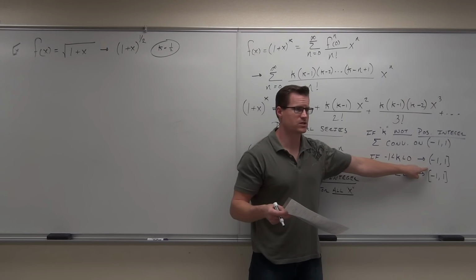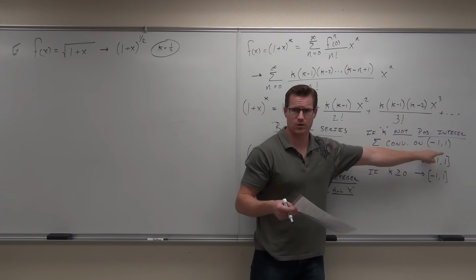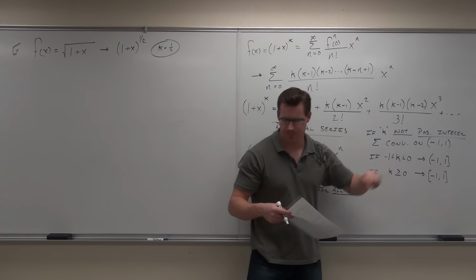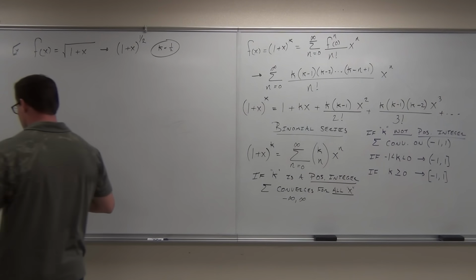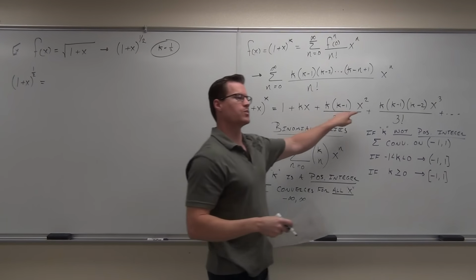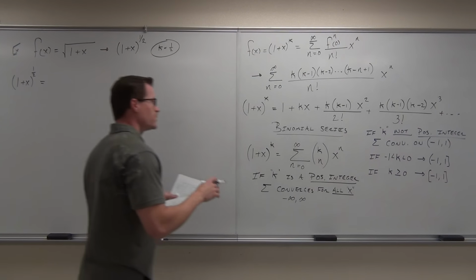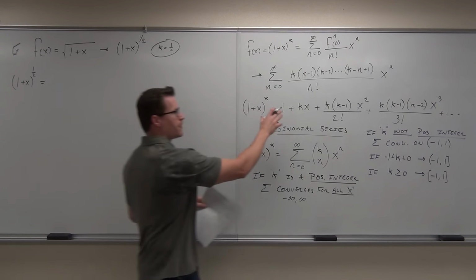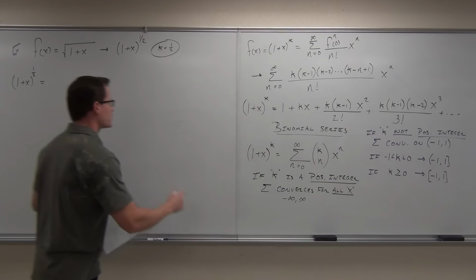Let's say k was -2, we'd be here. Does that make sense to you? Okay, so here's the deal. We can represent 1 plus x to the 1/2 power by listing out these binomial terms. So let's just follow this for right now. We're going to start with what?